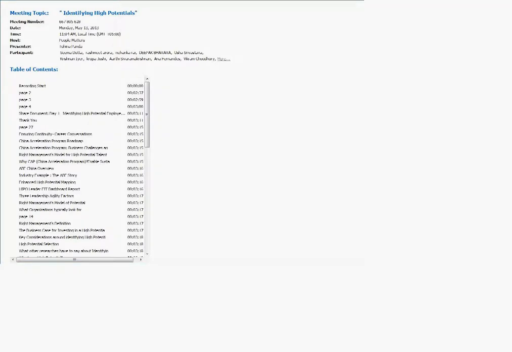But we also want to know this gut feeling factor, and we call it organizational confidence. Do you have the confidence that this individual has the capability to be successful at a higher level? And one of the ways that we want to bring some objectivity to that process is to measure it.